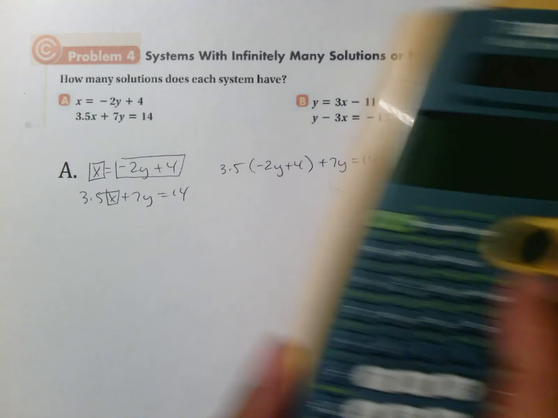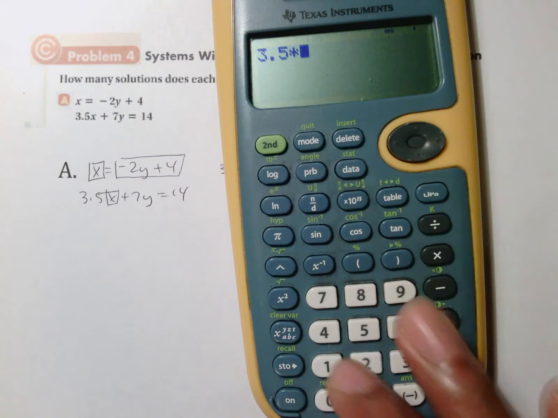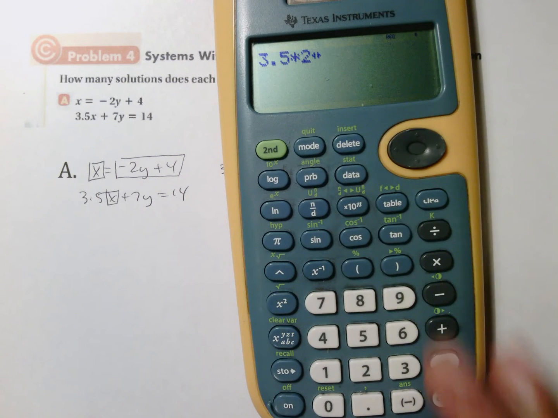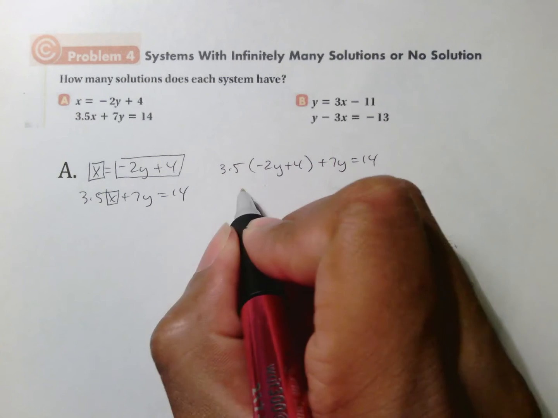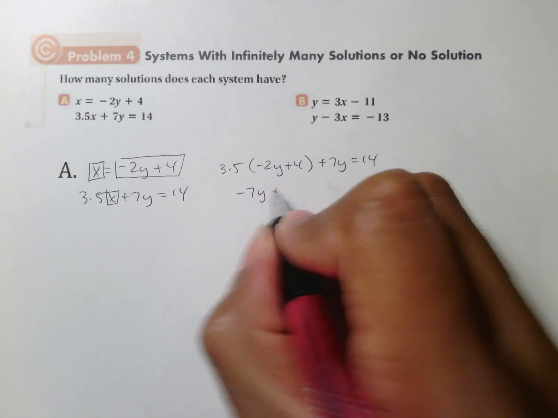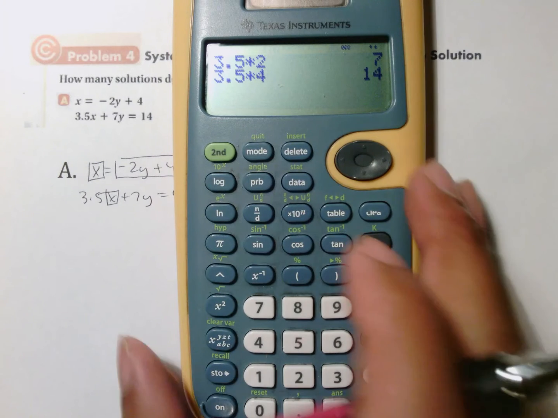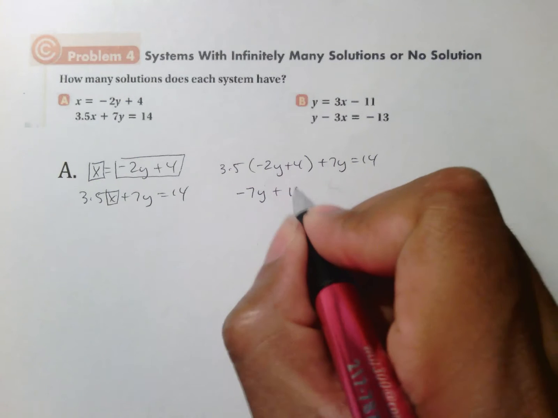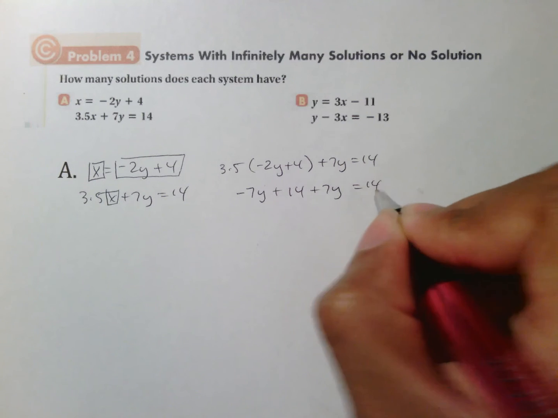And when we go to do this work here, we get 3.5 times 2, which is 7. So since that's a negative, it will actually be a negative 7y plus 3.5 times 4 gives us 14. And then the rest of that is plus the 7y equals 14.